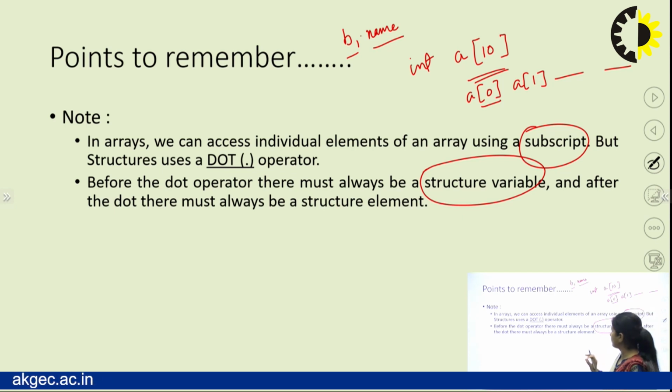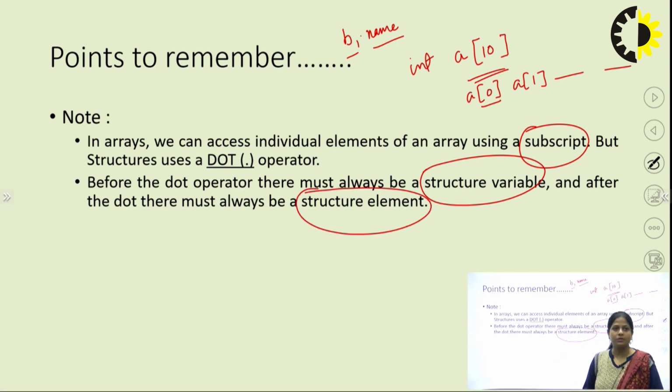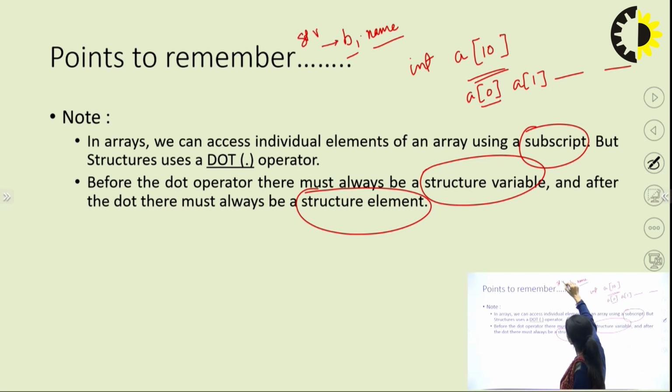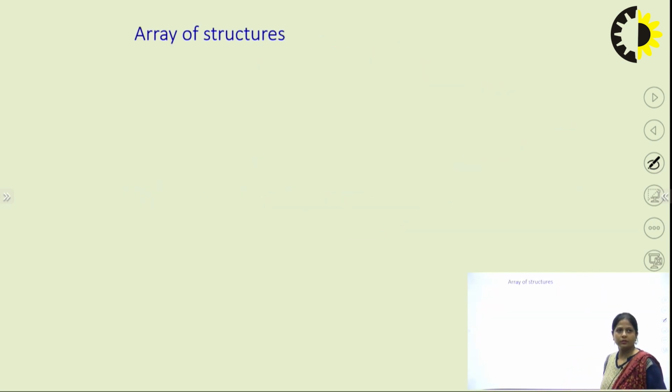It is mandatory, right? And after the dot, there must always be a structure element, fine? B1.name. What is B1? It is a structure variable. Name, what is that? A structure element, right?